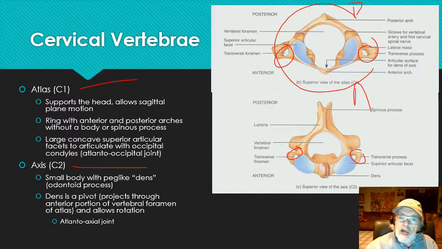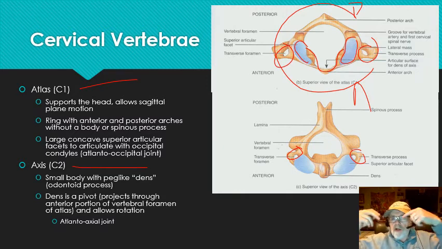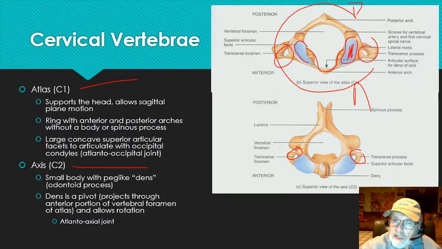So there's a little notch area right here where the body should be. This area right here is an articular facet. On the base of the skull, there are little things that look like little rocking chair feet, and they sit in these little facets. Those facets run from anterior to posterior.